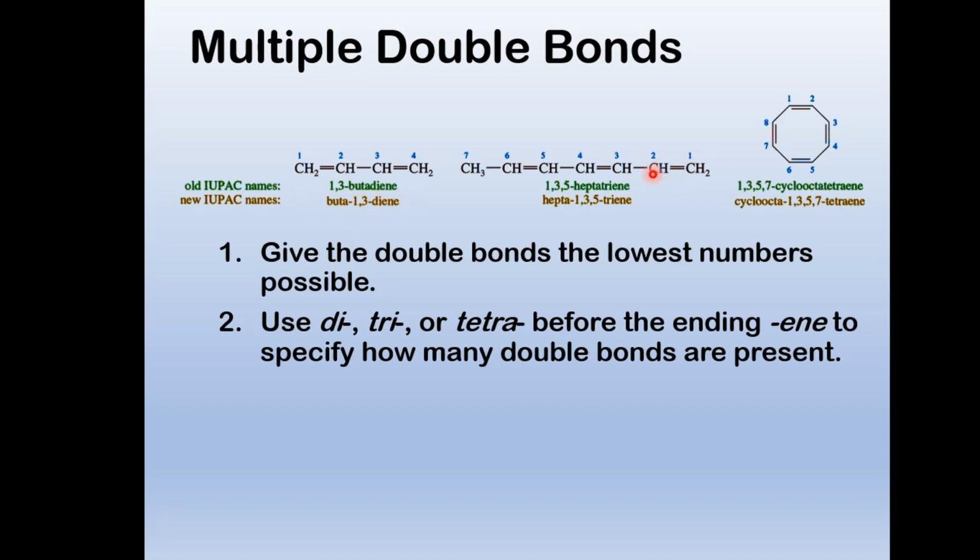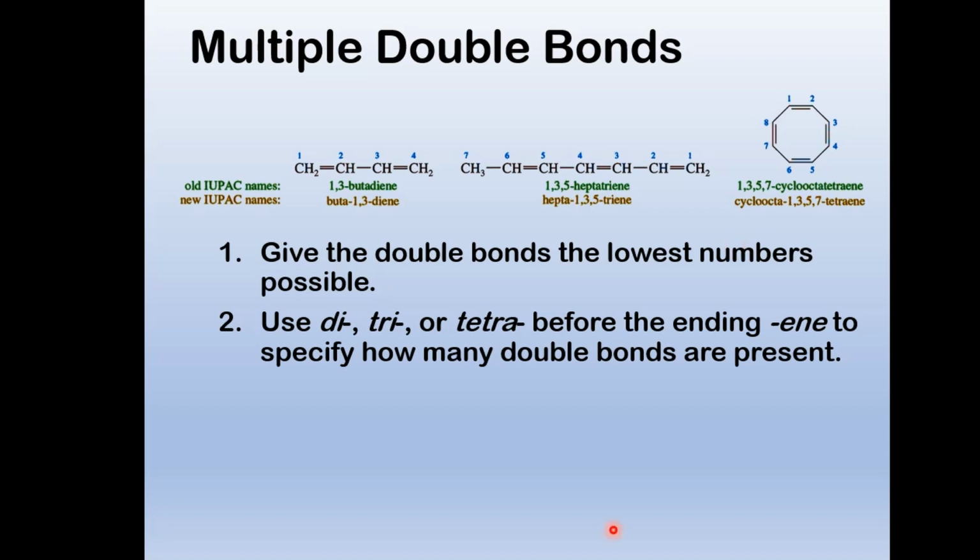This is 1, 2, 3, 4, 5, 6, 7, a derivative of heptane. So we need to name this hepta-1,3,5-triene. Cyclooctane, 4 double bonds: cycloocta-1,3,5,7-tetraene.